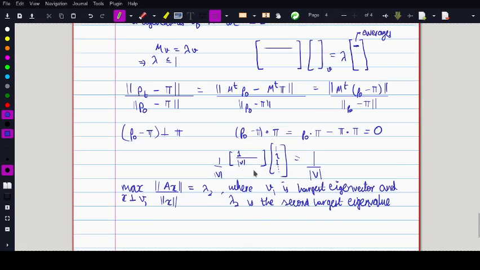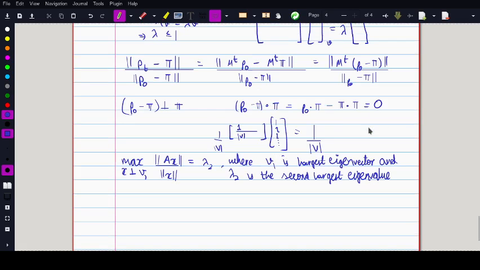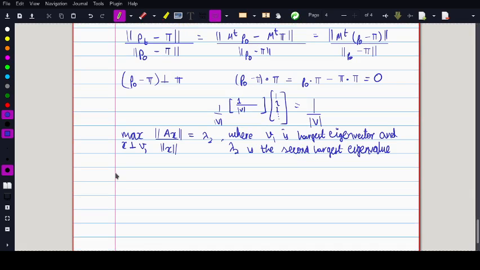Now we can use this in our above statement. Since we know that P_0 minus π is perpendicular to π, this is less than or equal to the maximum, which is λ2 of A. When I talk about eigenvalues and eigenvectors, I'm talking about A over here.